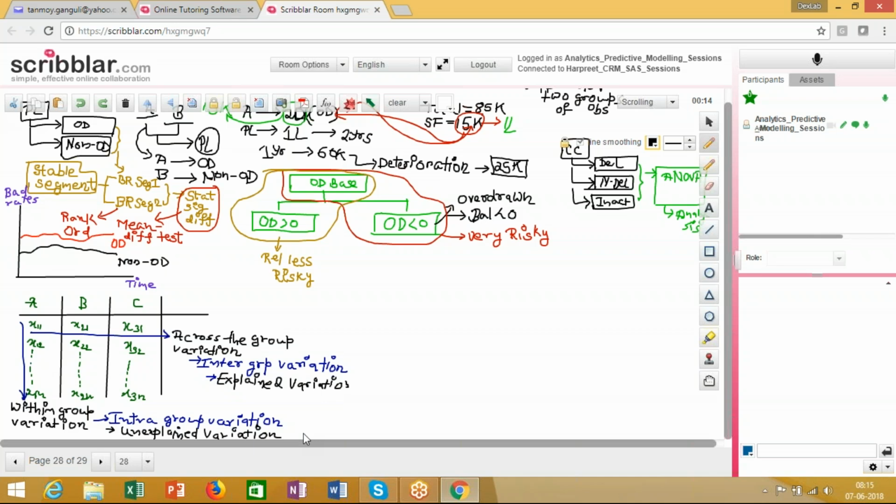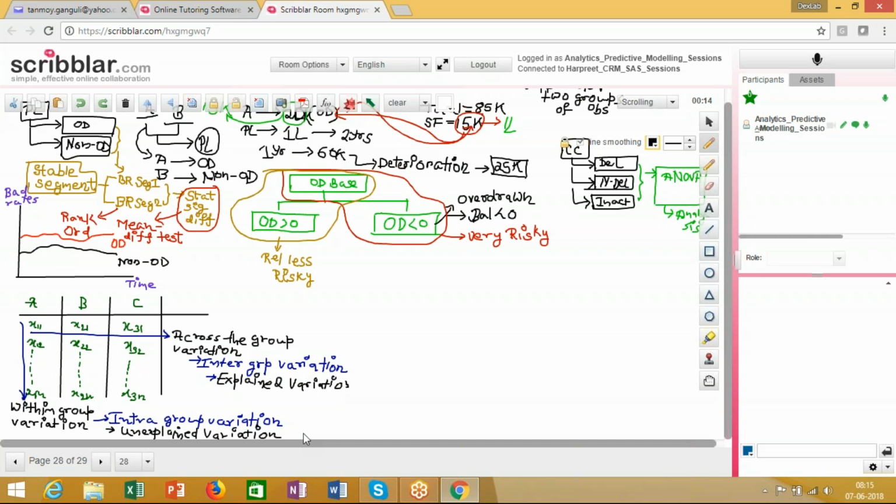So I move from group A to group B and group B to group C, and I see a very prominent change in the variation. But within a group, I see that the overall variation is not very high. So what does it mean? What it means is that observations within that group are more or less homogeneous in nature.